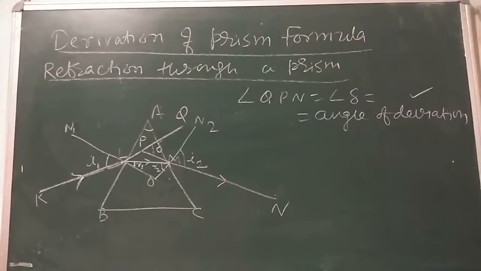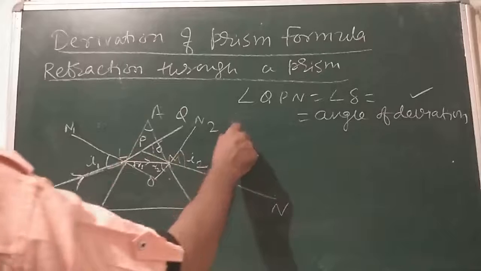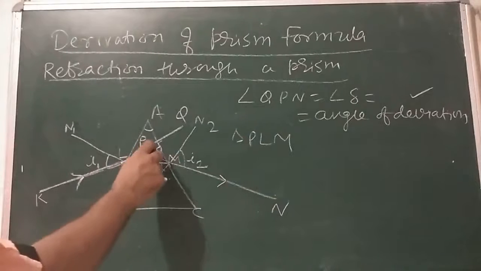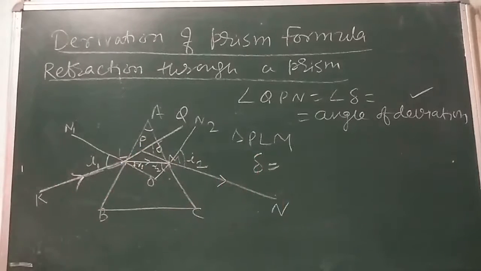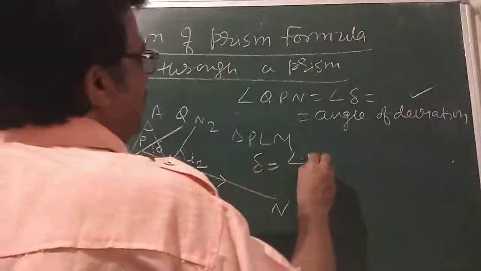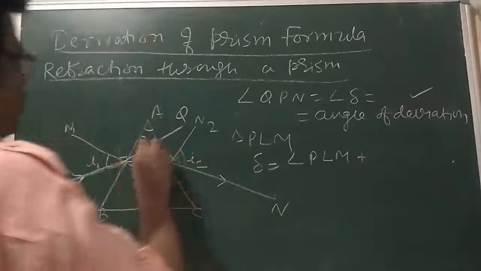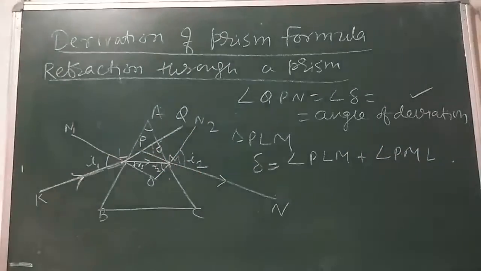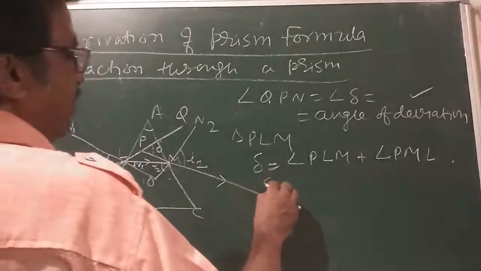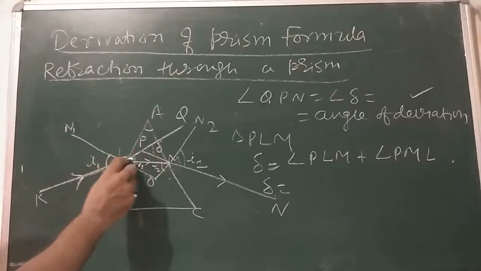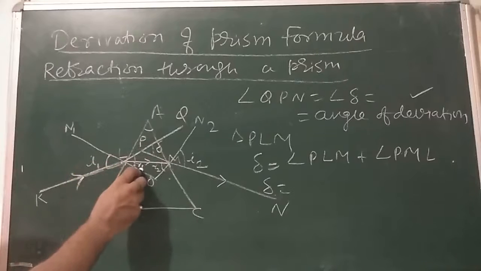Okay, now in the triangle PLM, the external angle delta is equal to the sum of the two internal opposite angles, PLM plus PML. So delta is equal to PLM plus PML. This PLM must be equal to I1 minus R1.